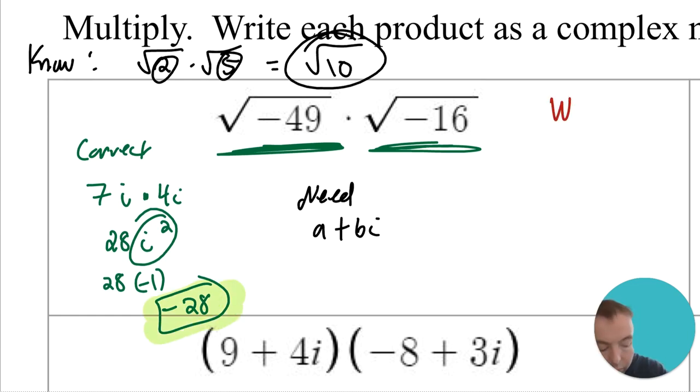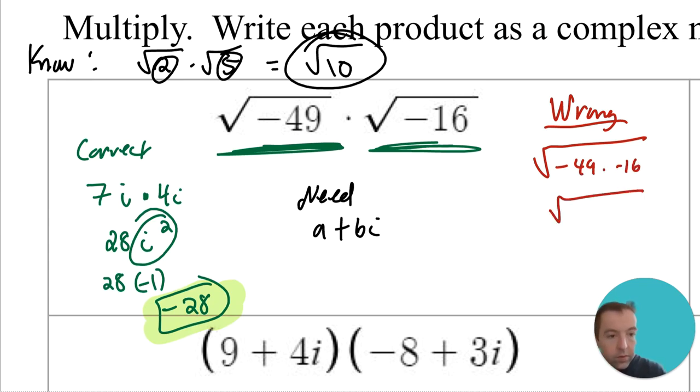So what would be wrong, this is how I started off by explaining it, is to try to multiply the numbers together underneath the same square root. So if you took -49 and then also multiplied it with -16 under the square root, then you'd have a root of some positive number, right?